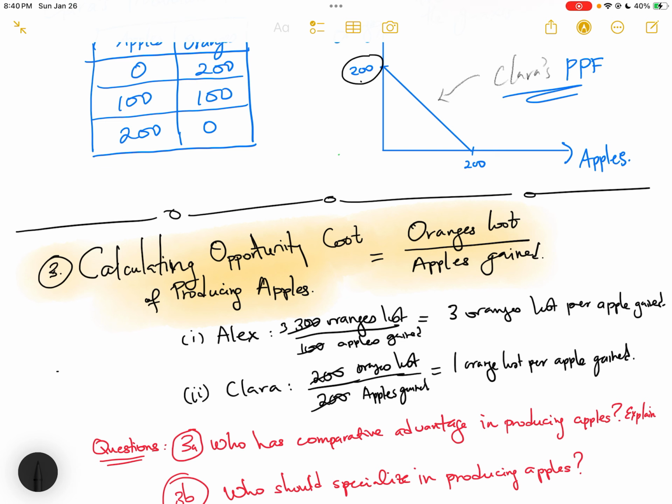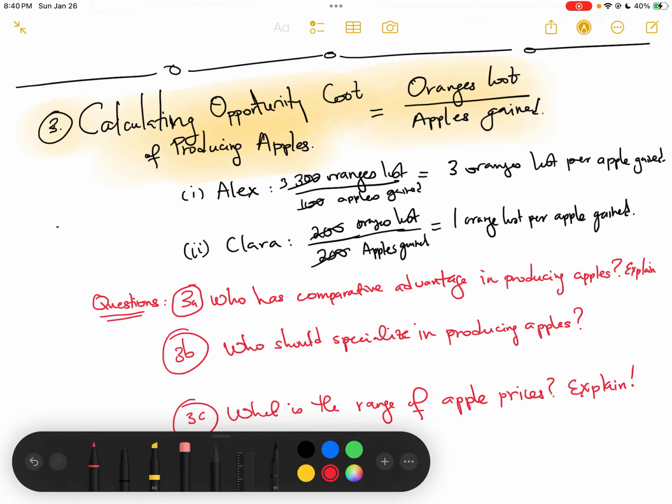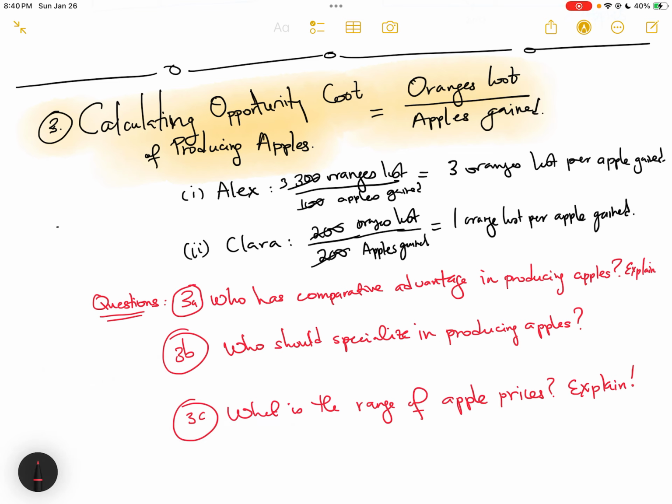Great. There are more questions that we can answer using just these two numbers. Considering the two opportunity costs that we have calculated, one for Alex and the other one for Clara, who has comparative advantage in producing apples? What does comparative advantage mean?